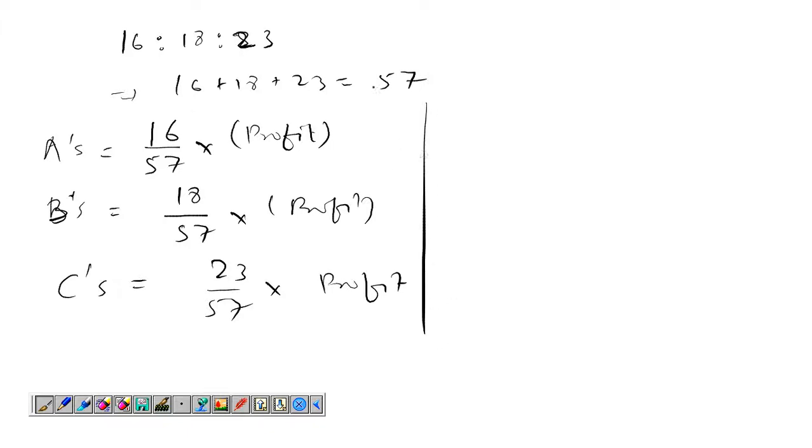So we simply add the ratios, we divide the ratio of A by the sum of the ratios, which is 57, and then we multiply it with the profit to find A's share in the profit.